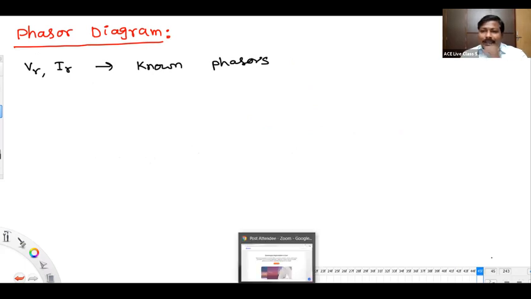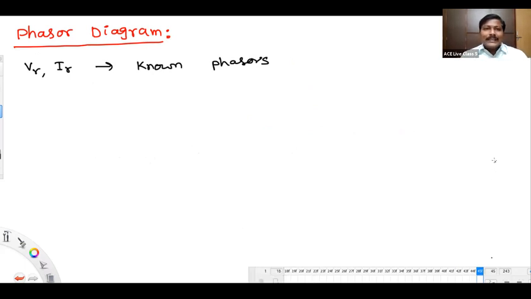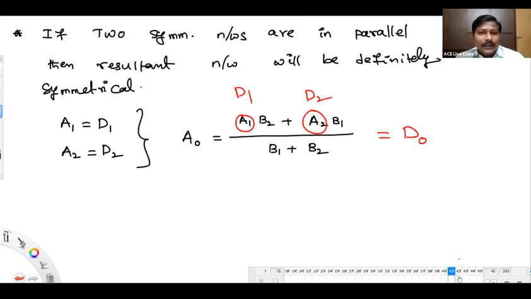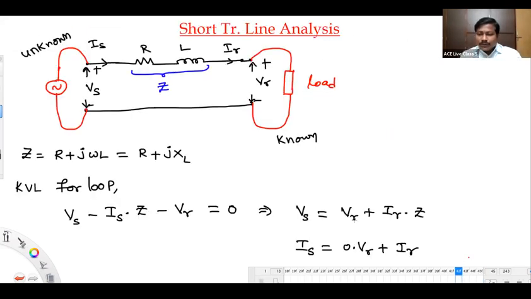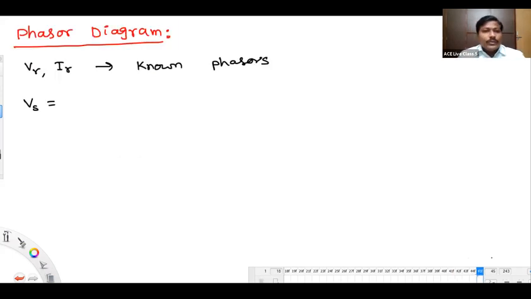And what are VS and IS now? That will come in terms of VR, IR. What is VS? That's what you got from KVL, right? KVL: VS equals VR phasor plus IR into Z. Z is nothing but R plus jXL.